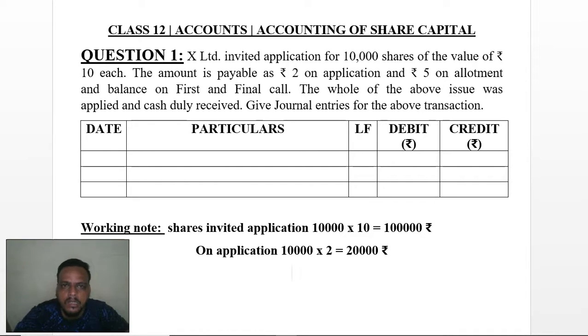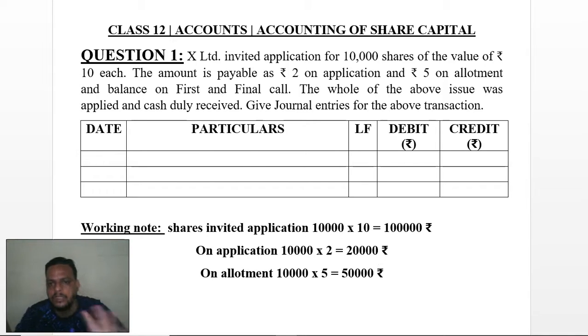Next, 5 rupees on allotment: 10,000 shares multiplied by 5 is equal to 50,000 rupees. This is the calculation you can do very easily and smoothly.